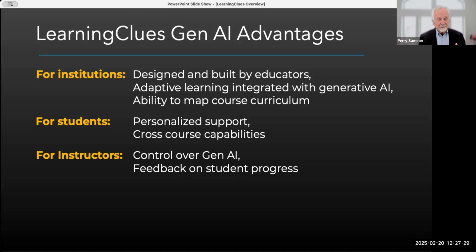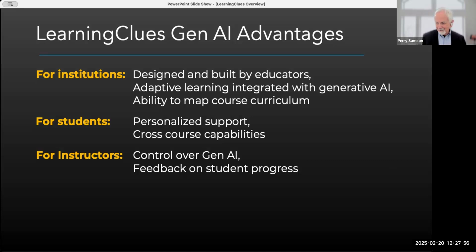You get to see what questions we're generating. I'm sorry, what questions the students are generating. So you have some idea where there might be some challenges for the students. And it gives you a lot more information about your class with this kind of system.